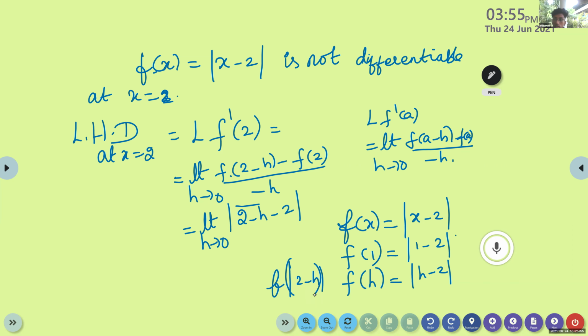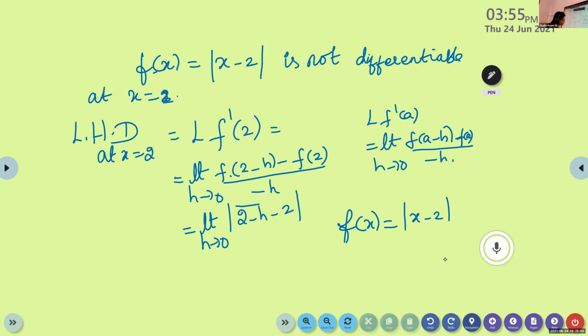f of x is modulus of x minus 2. So what will be f of h minus 2? In the place of x, what do you have to put? In the place of x, what we have here? h minus 2.